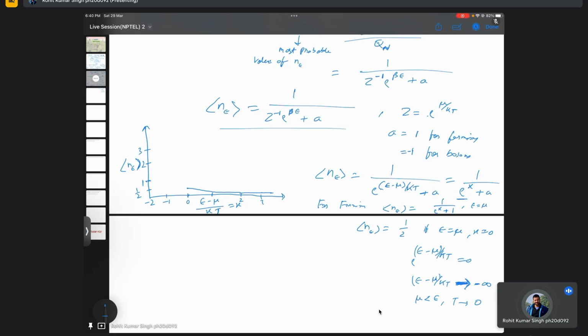And then we will get maximum occupancy equal to 1. So it will tend to 1, it will never be equal to 1, it will always tend to 1. So it will be like this, okay? Is it fine? It will never reach 1 because we cannot reach absolute temperature 0.